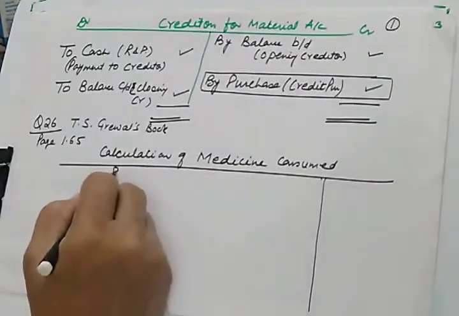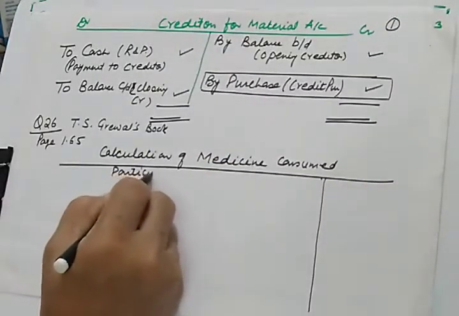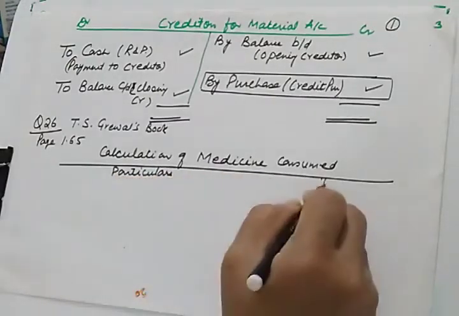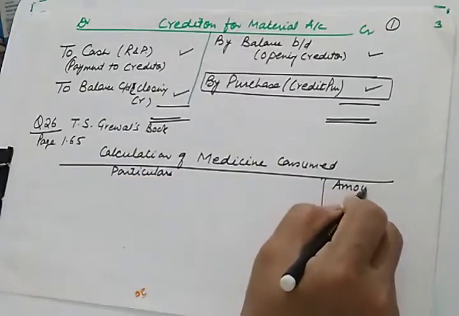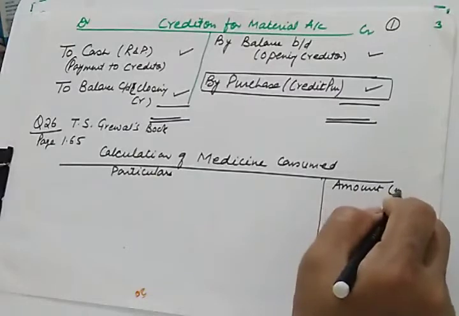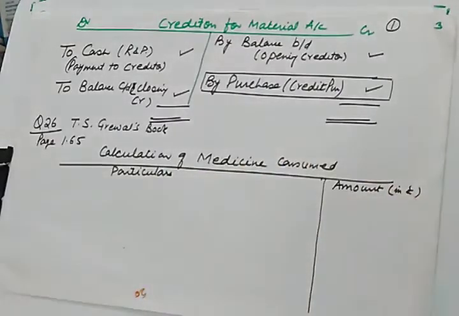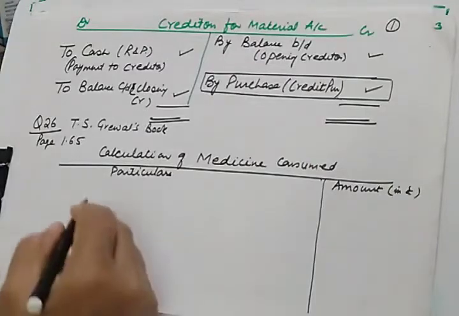Here we'll be writing particulars because it's a statement, so you don't have to write debit or credit. Particulars, amount in rupees. I hope you will be able to see this statement on your screen.